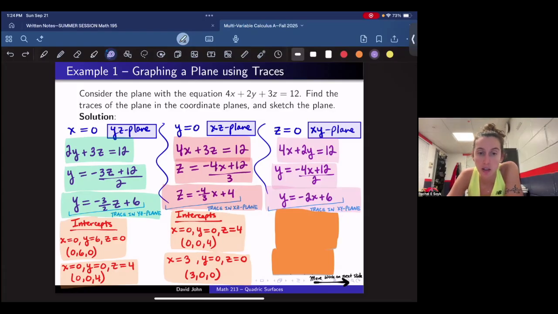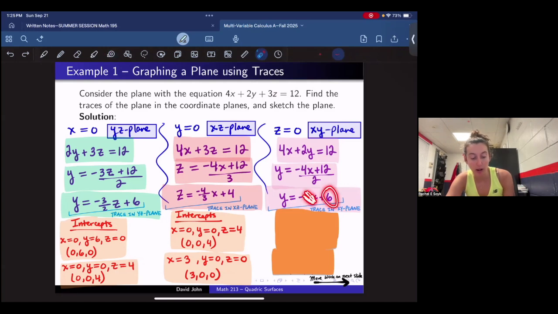Last but not least, let's find our intercepts here. So z is always going to be equal to 0. Why don't we set x equal to 0 here? That way we easily can find that y is just 6. So we have 0, 6, 0 for our first intercept.